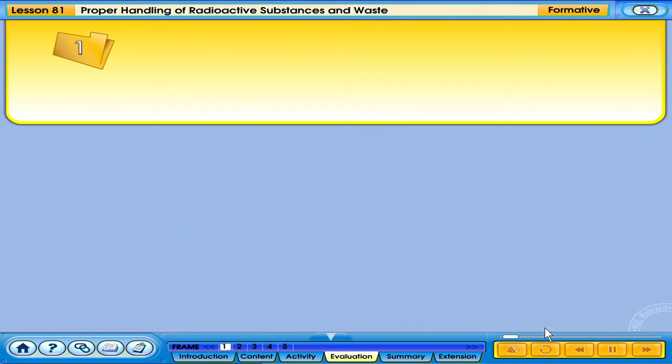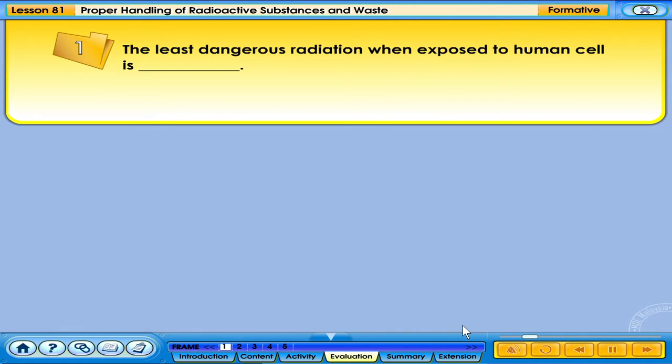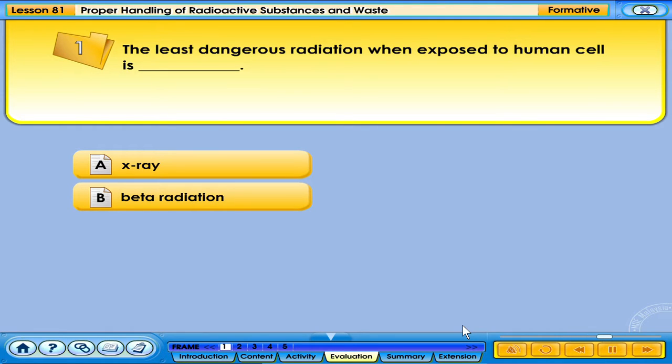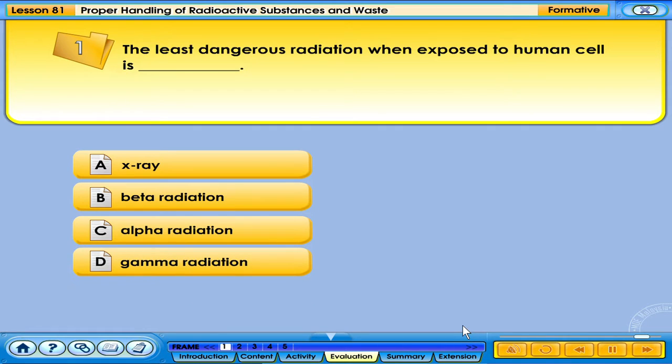Click on the correct answer. The least dangerous radiation when exposed to human cell is A. X-ray, B. Beta radiation, C. Alpha radiation, D. Gamma radiation. Your answer is correct.